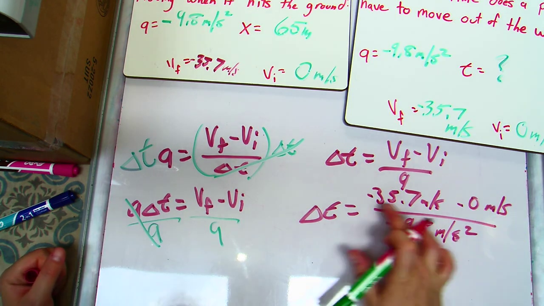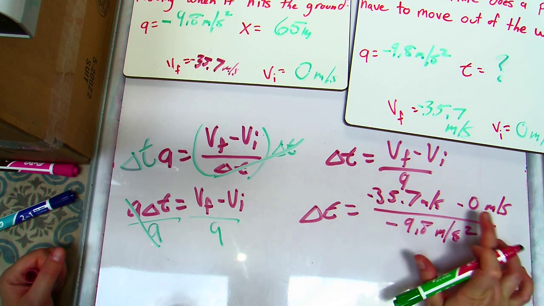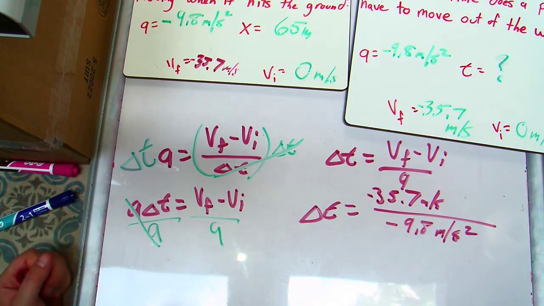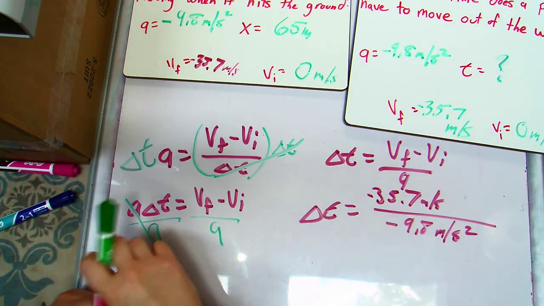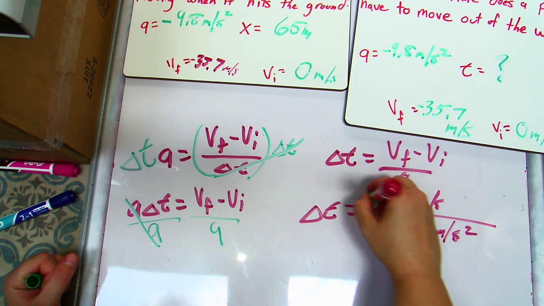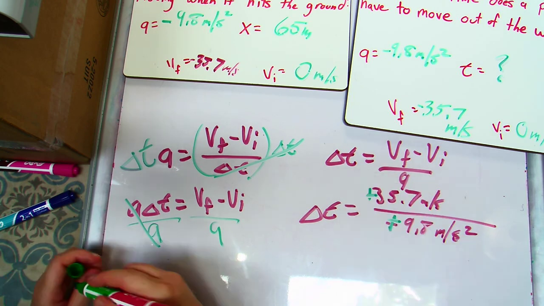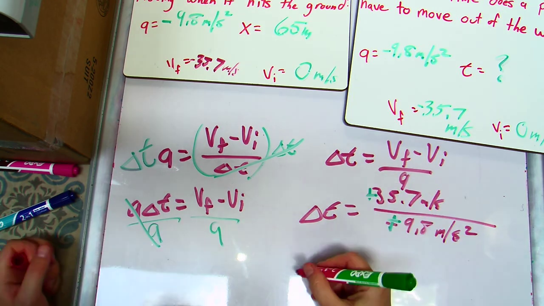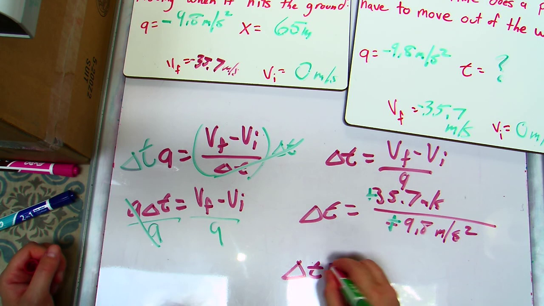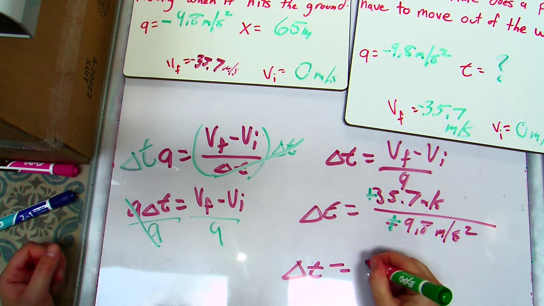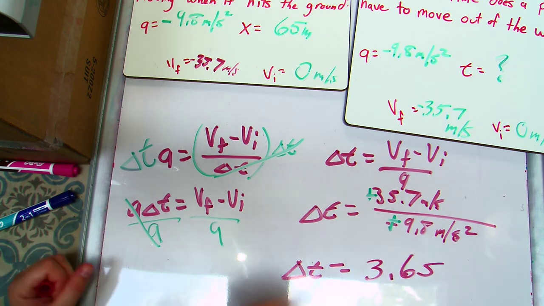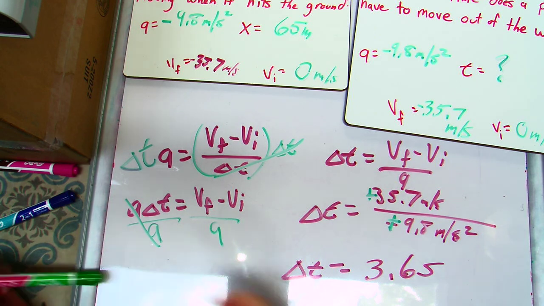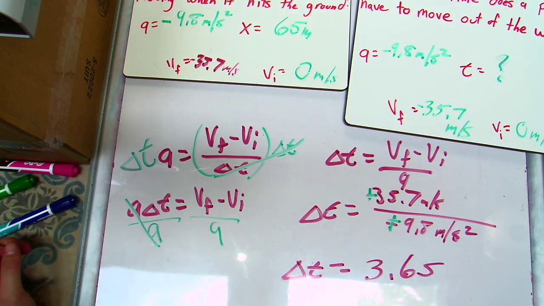We have two negative signs, which will cancel out to become positive. And the time, once we do our math, would be 3.6 seconds to get out of the way of the flower pot.